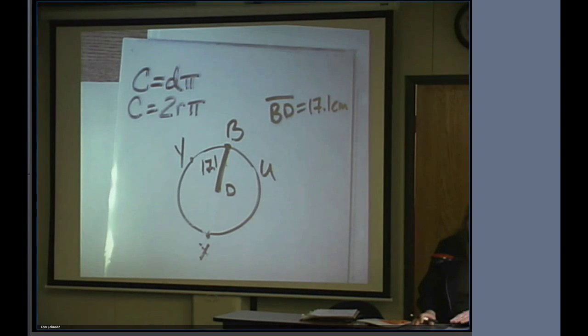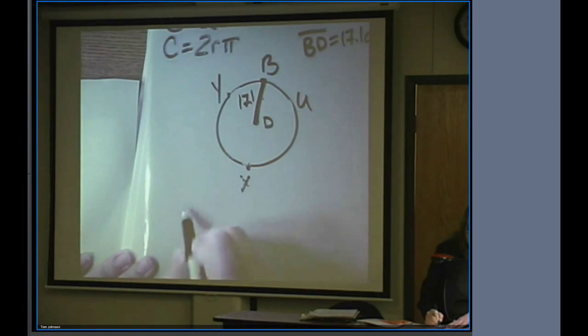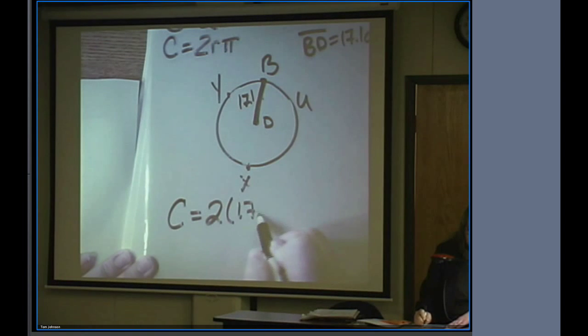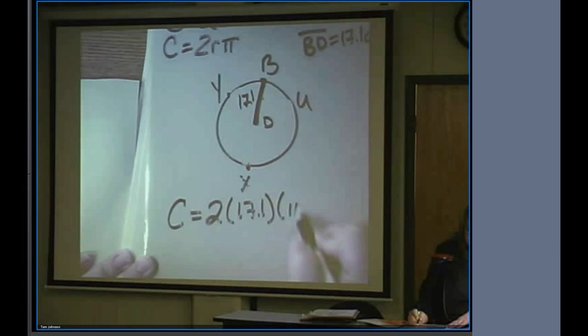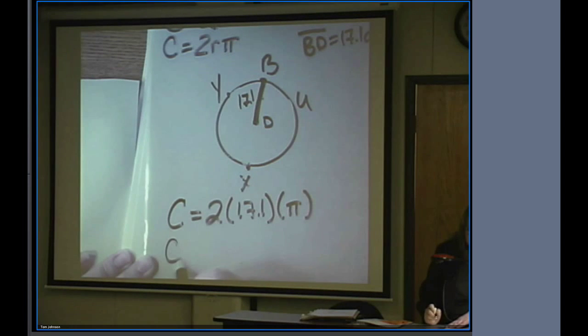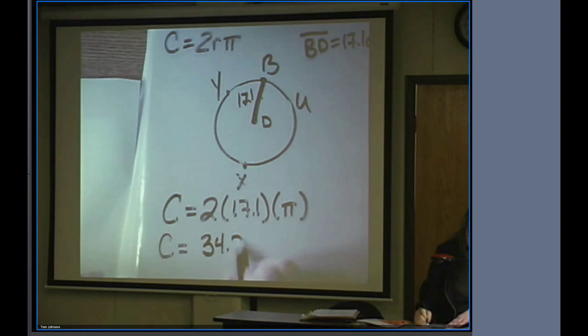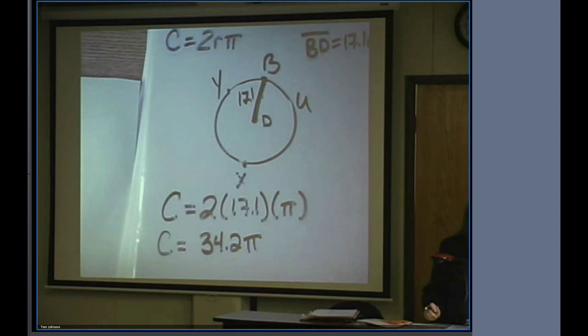I do. Putting it into my equation, I've got circumference equals 2 times 17.1 times pi, or circumference equals 34.2 times pi. And then in your calculator, you can go ahead and multiply that out.